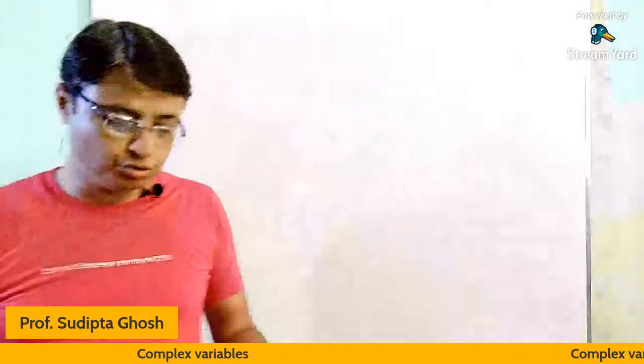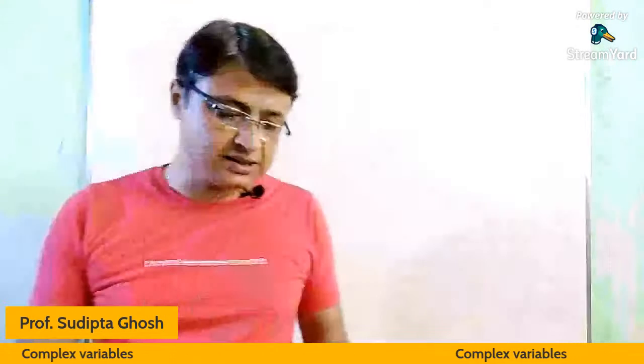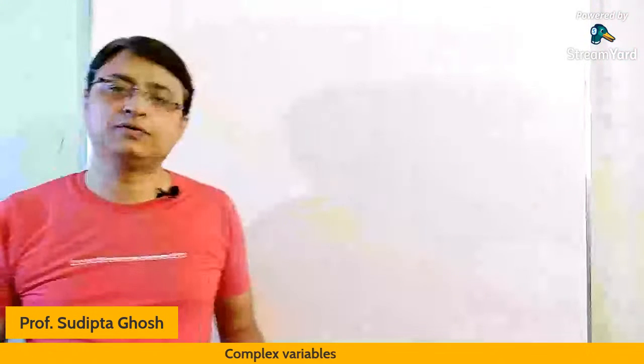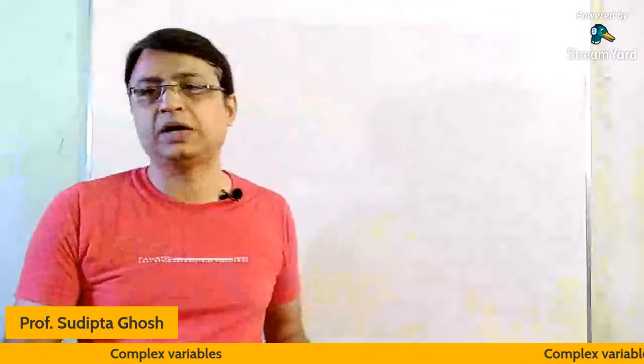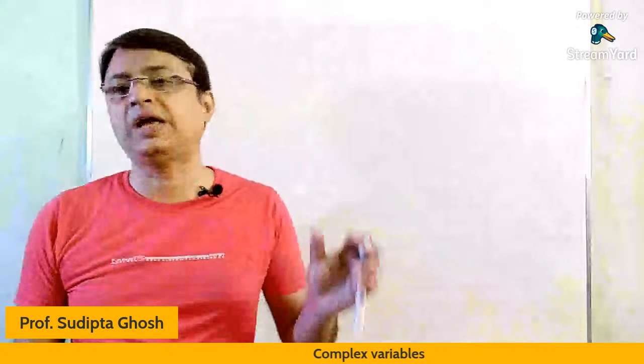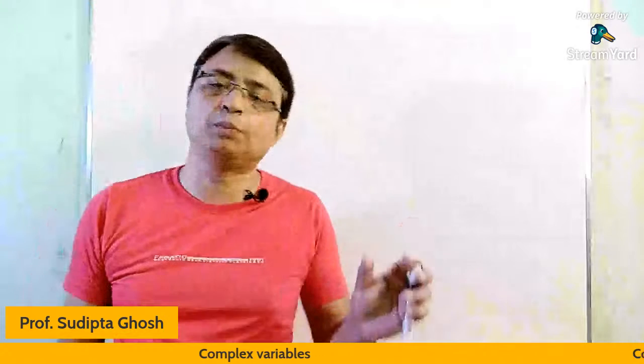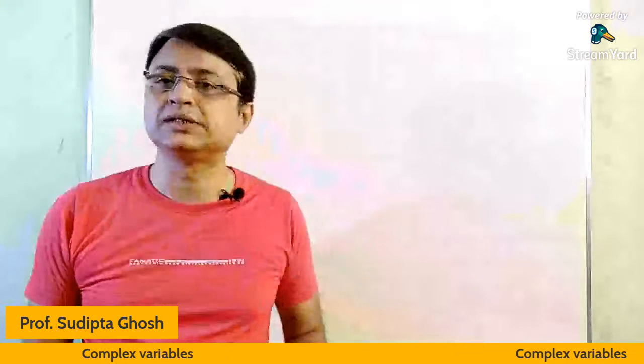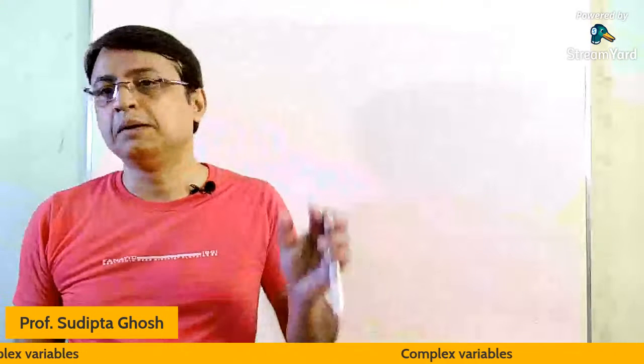That means we have to prove that the slopes of this family of curves, m1 and m2, if we find the product of m1 and m2, will give me minus 1.